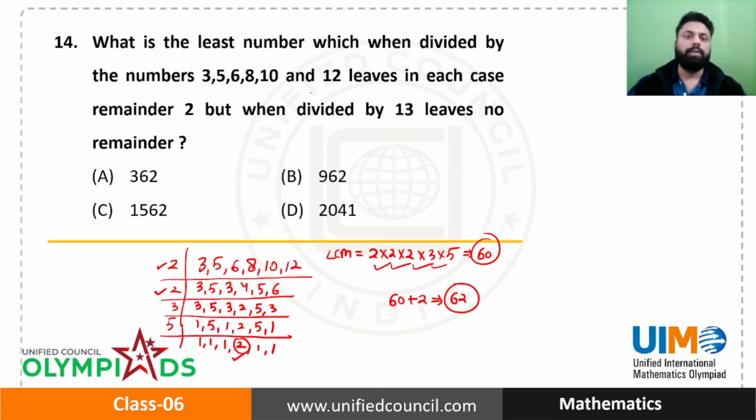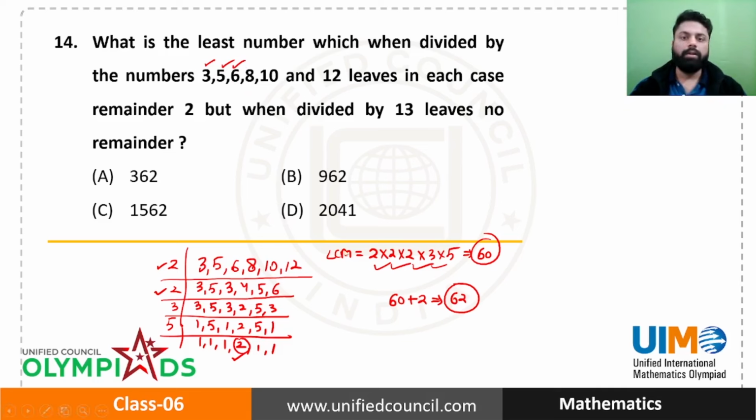when divided by any of these numbers. 62 divided by 2, 3 into 20 is 60. 12 into 5 is 60. 10 into 6 is 60. For 8, okay, one second.